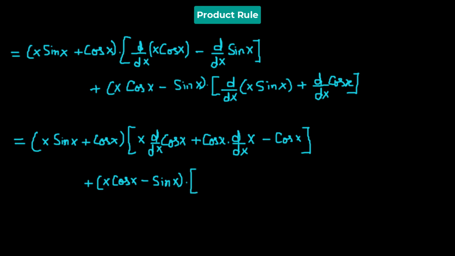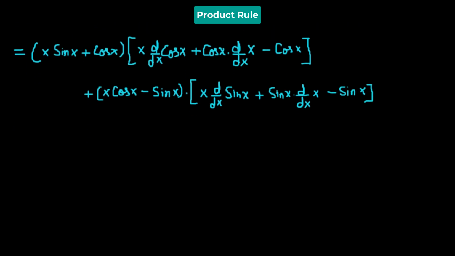So we have x sine of x, where we can apply the product rule. So we have x times the derivative of sine of x plus sine of x times the derivative of x, and plus we have the derivative of the cosine function, which gives us negative sine x.